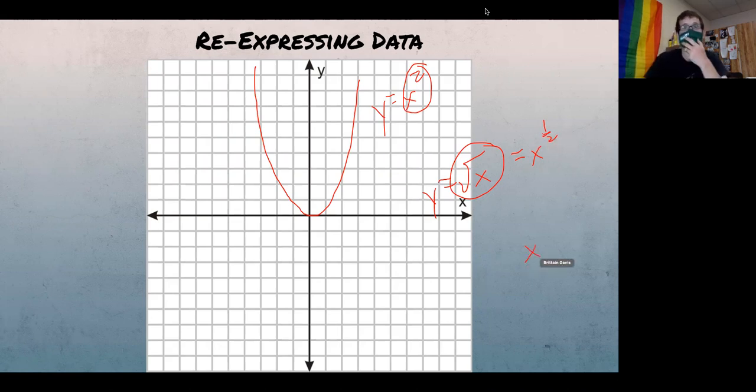So when we transform nonlinear data, we want to figure out what shape this data takes. Is this a quadratic form? Is it an exponential form? Is it a logarithmic form? Like what shape is the data if it's not linear?